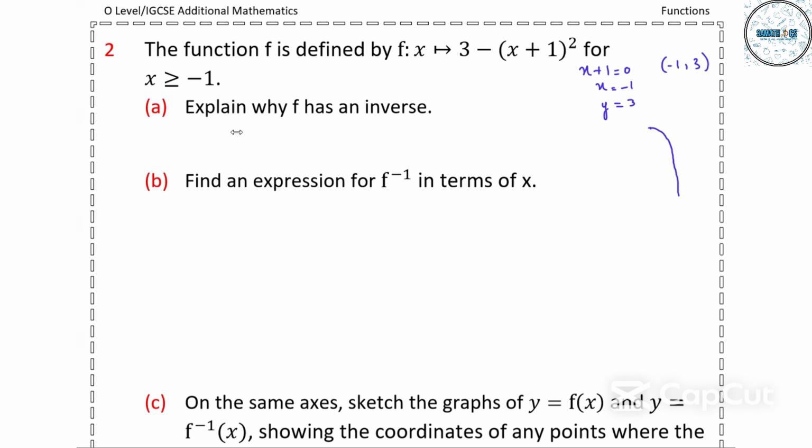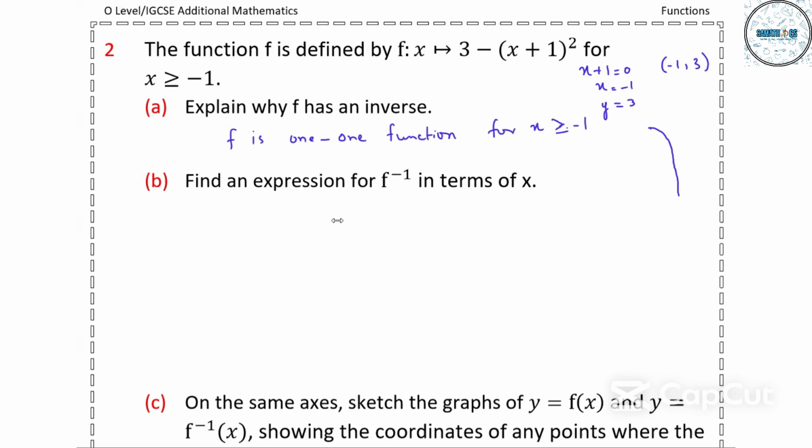So that's the reason its inverse exists. So we can write here f is a one-to-one function for x greater than or equal to -1. For this particular range, it is one-to-one. Otherwise, a quadratic function is many-to-one.